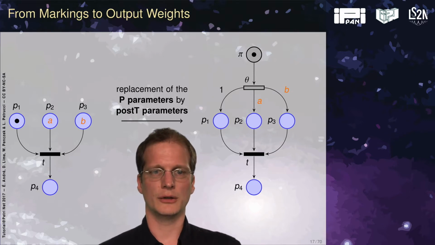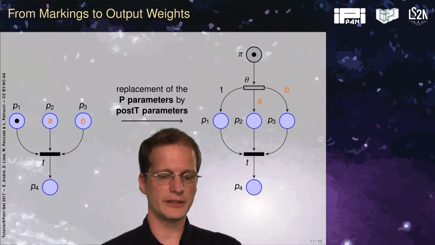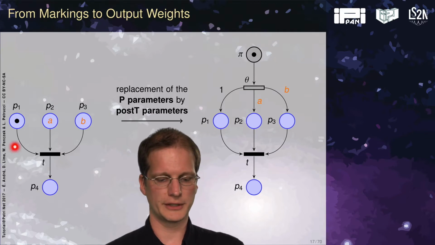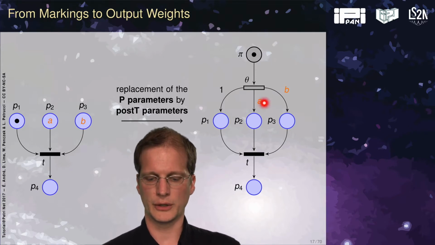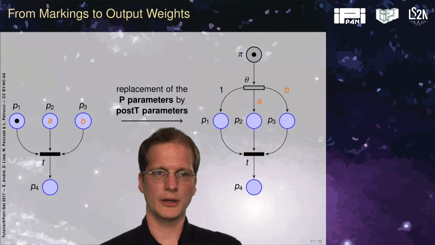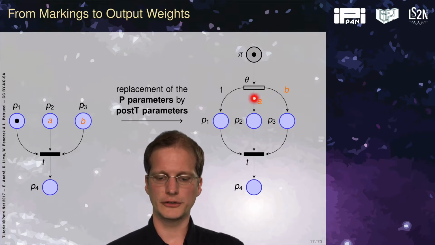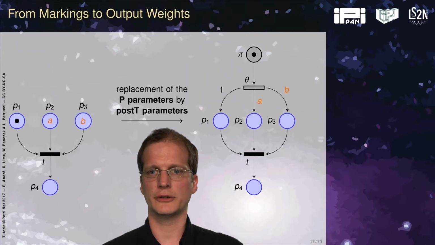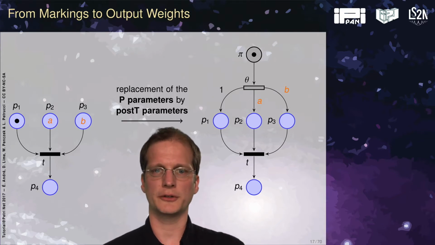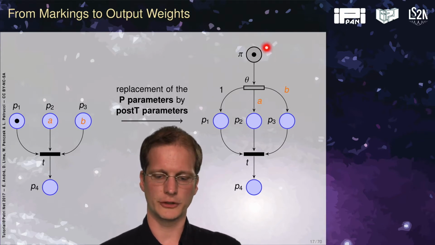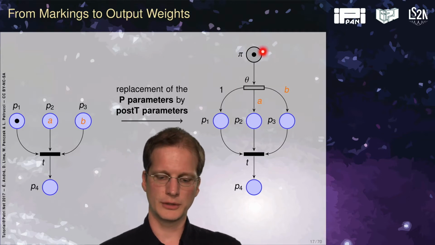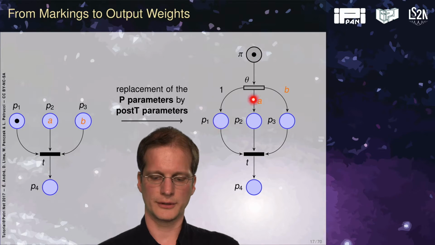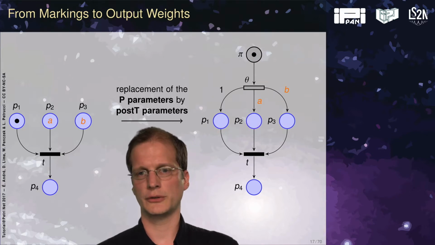So we can very easily go from initial markings that are parameterized to only nets with output arcs that are parameterized. How do we do that? We just add an additional transition, which is the only one that is enabled at the very start of the net, with an additional place here.